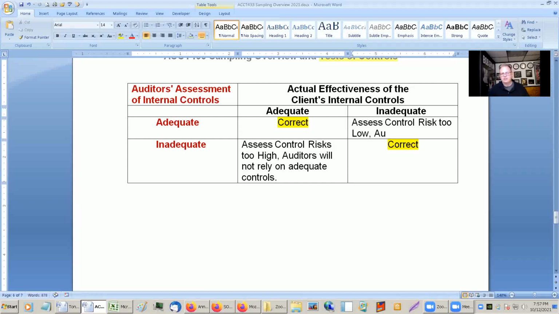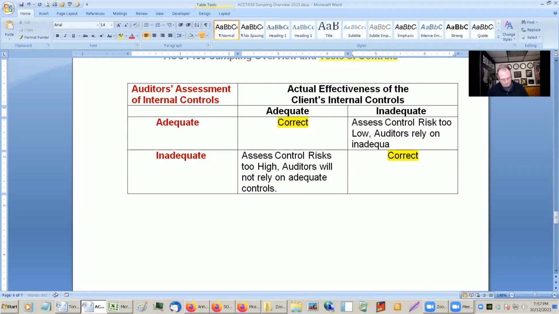And this is when the auditors rely on inadequate controls. So you do your testing, you think everything's fine, when in reality, it's not.